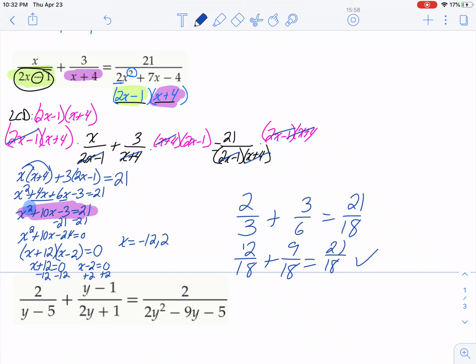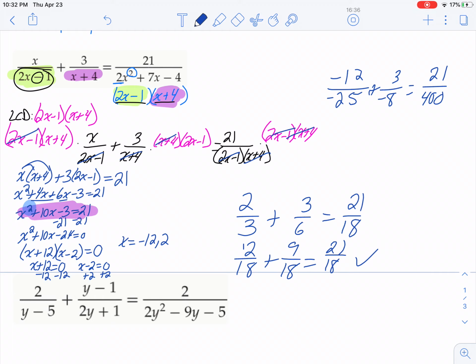Well, 2 works when I check it, so we're good there. And negative 12 over 25 over negative 8 equals 21 over 400.